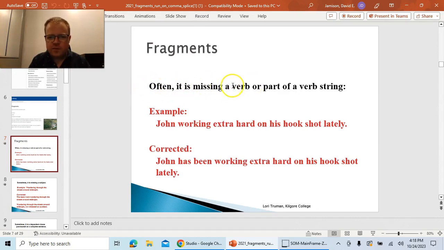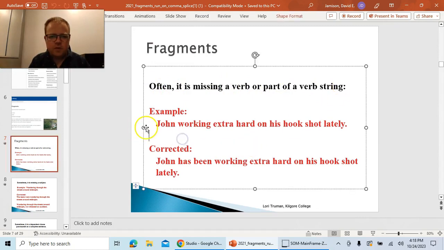So often fragments are missing a verb or part of a verb string. This example here, John working extra hard on his hook shot lately. Oh, sorry. John working extra hard on his hook shot lately.